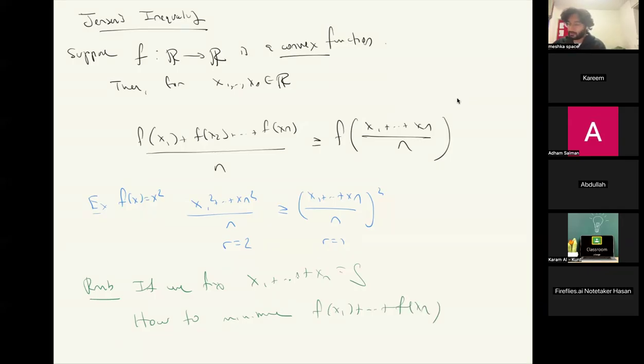For example, in this case, if I fix the sum, how do you minimize the sum of the squares? And it's saying that the minimum occurs when all of them are equal. So Jensen says it's minimized when all are equal, x1 equals xn equals s over n. That's what Jensen is saying. Does it make sense?